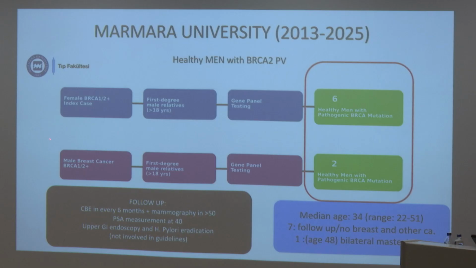Among the female and male relatives, we now have 8 men who have the diagnosis of BRCA2 pathological variants. They are totally healthy men between 22 and 51 years old. The median age is 34. Diagnosing a pathological variant is a trouble, I think, because when you make a diagnosis of BRCA2 mutation in a man, we do not have strong recommendations in the guidelines.